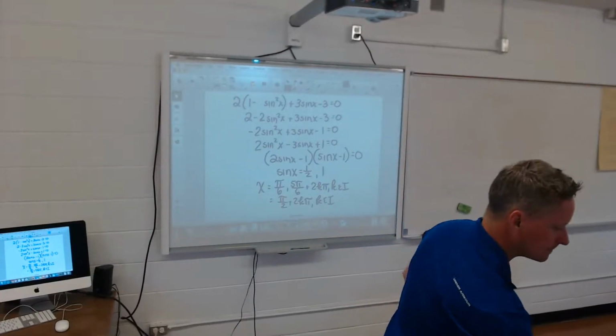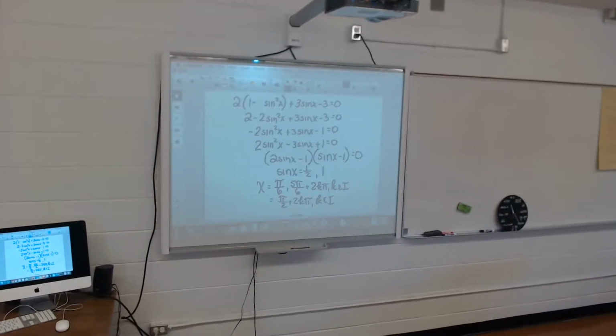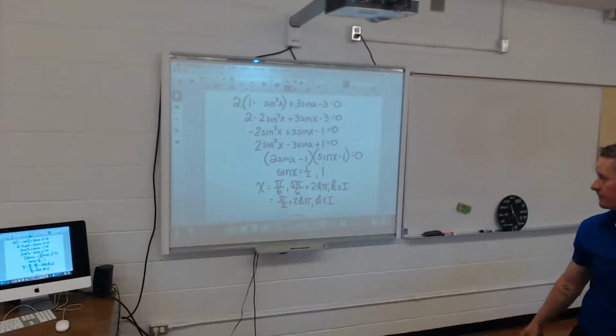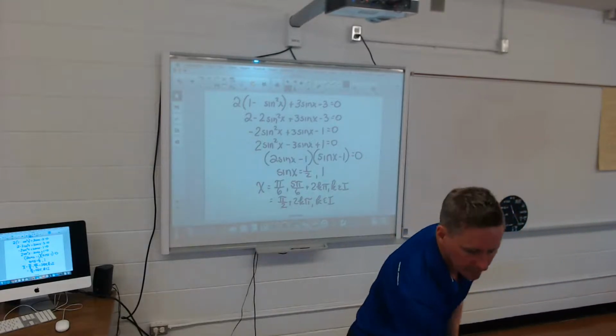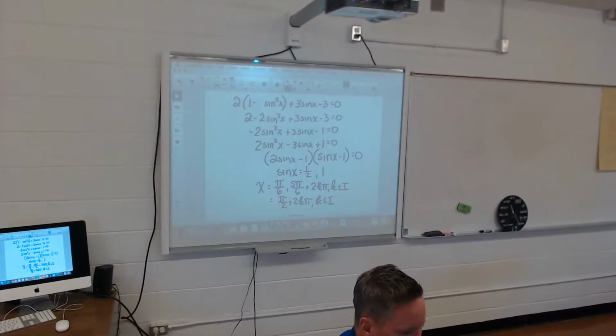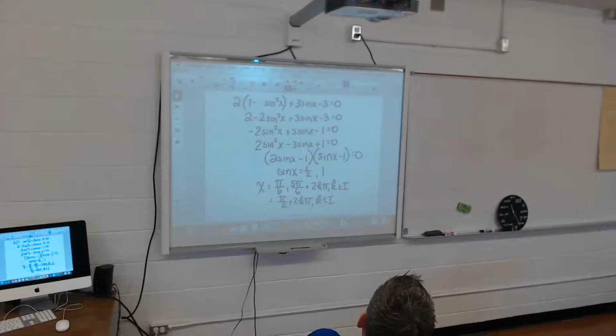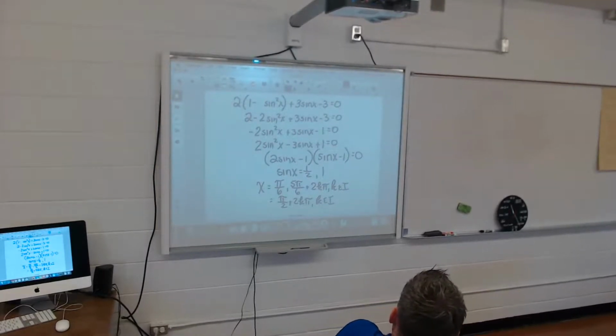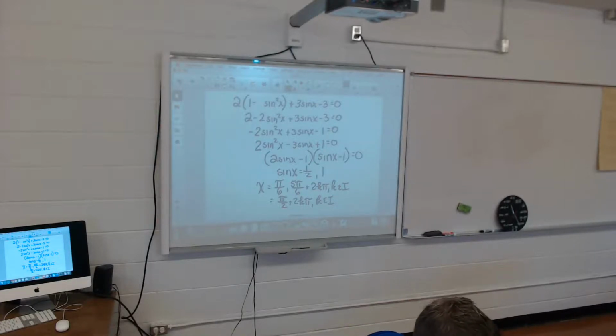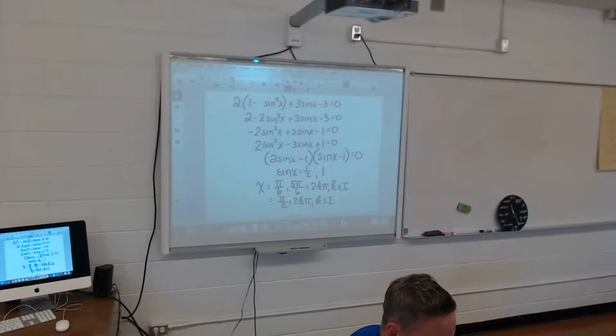Mary, go ahead. I got it right, but I did something a little different for that one. Okay, you go ahead and tell me how you made out. So from the beginning, I moved minus 3 sine x to the other side, and I also added 2, so that the left side is that identity 2 cos squared x minus 1, and that was 1 minus 2 sine squared x is equal to minus 3 sine x plus 2.